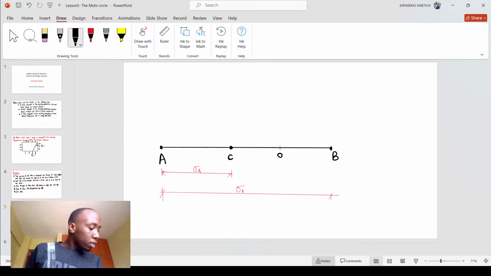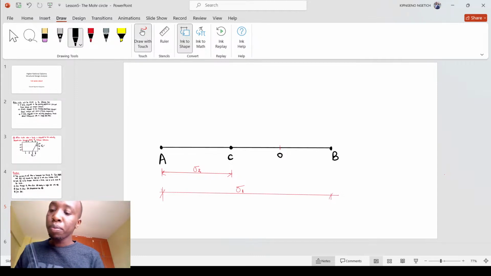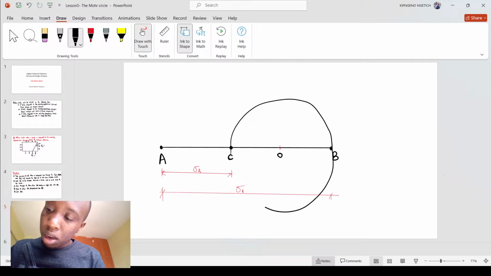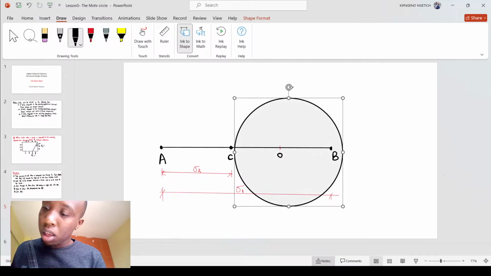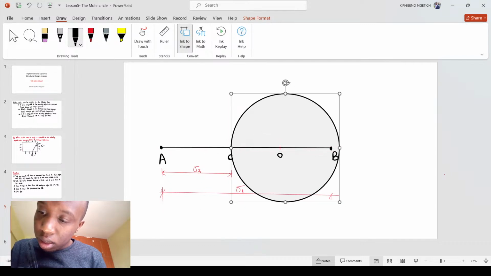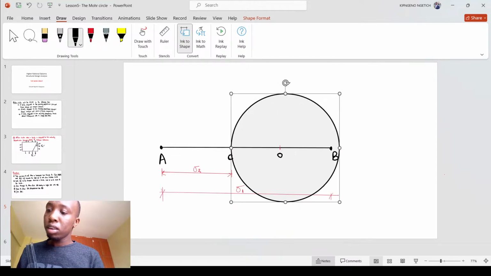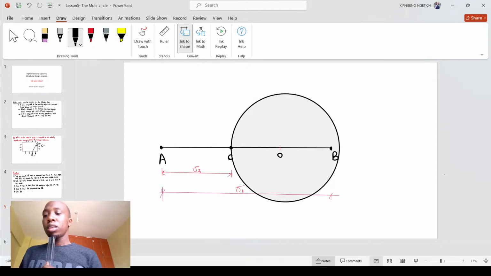Then it says describe a circle. So let me now draw the circle. Okay, good. I can just extend something small here.